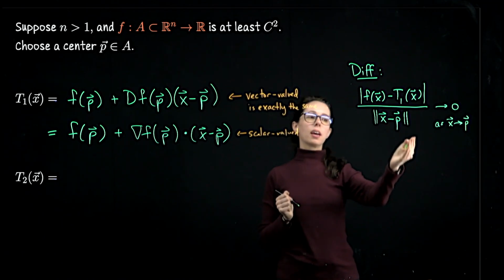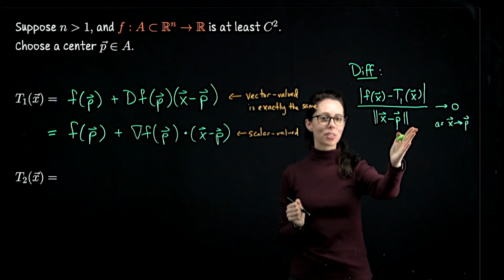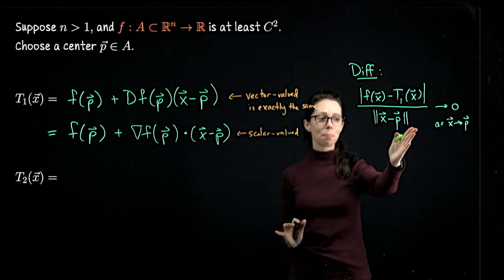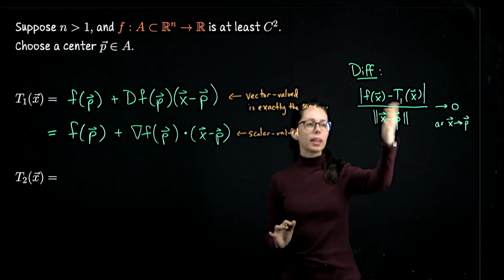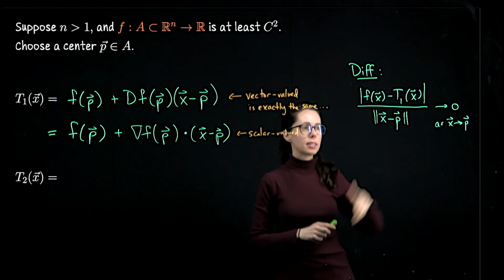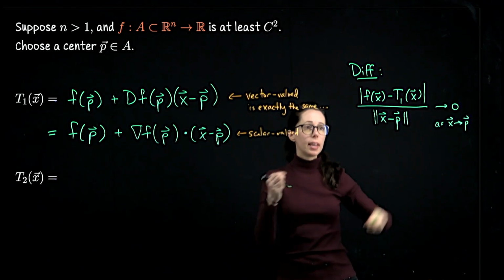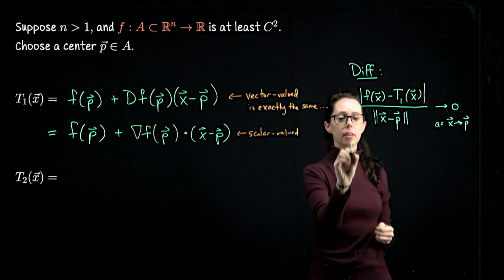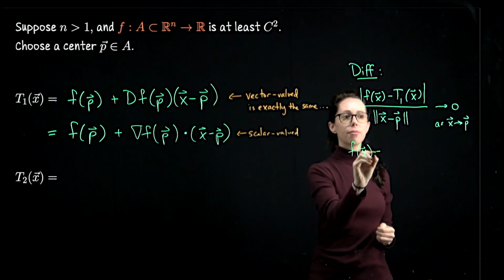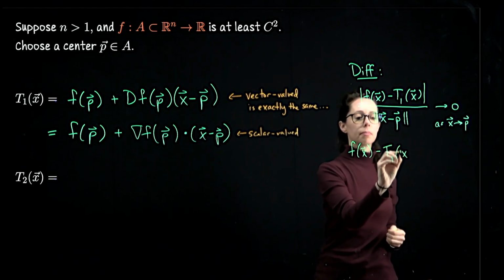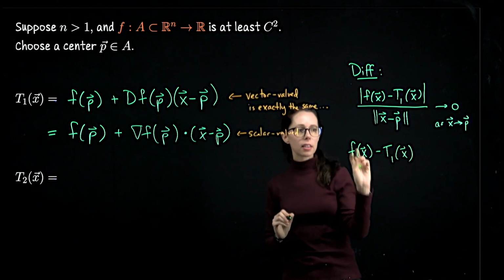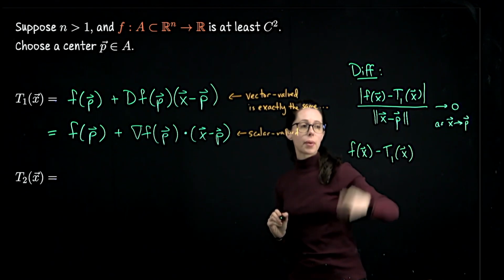So if the limit of this quotient is not 0 as x goes to p, f is not differentiable at p. One way you can characterize the behavior of this limit, to say this ratio goes to 0 as x goes to p, is to say that this expression, so like the error between f and its first order approximation, is little o of the distance from x to p.